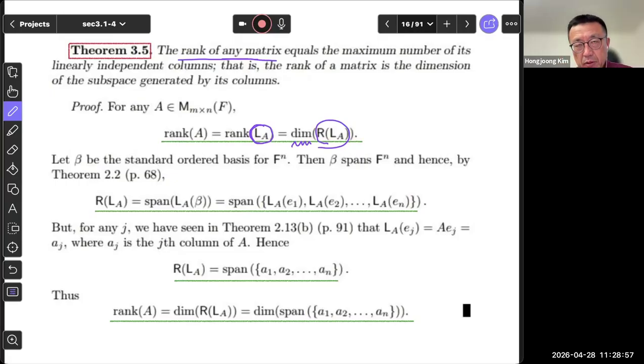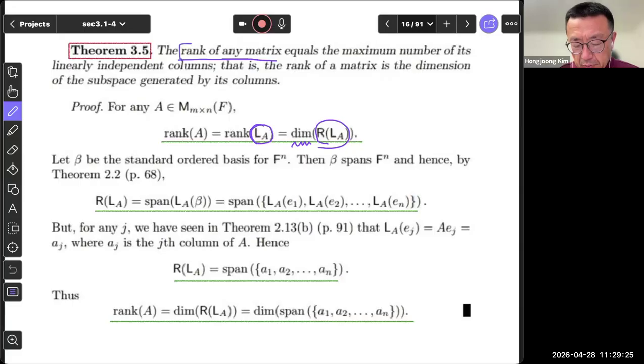But identifying the dimension of the range is not that simple. So theorem 3.5 introduces a very simple result. Given a matrix, what you can count is the number of independent columns.